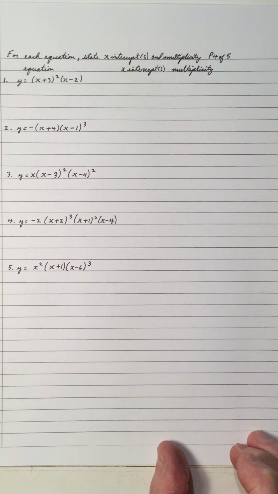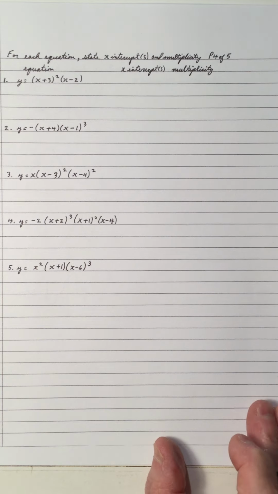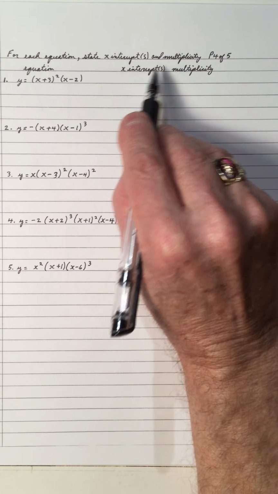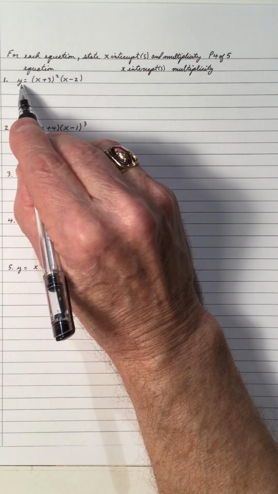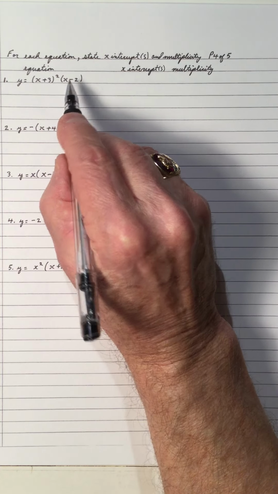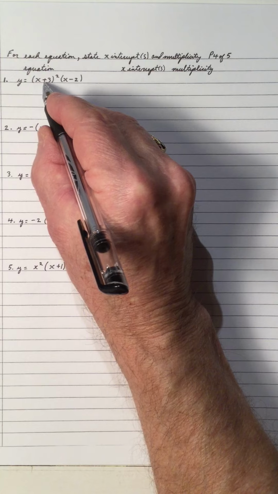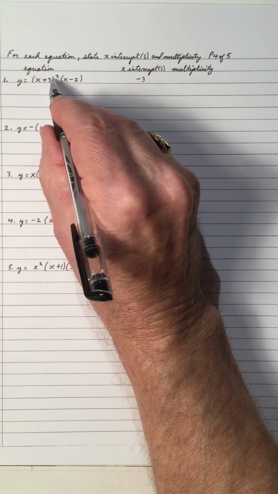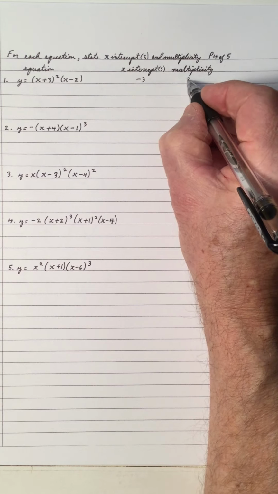Now we have some more to look at, just a little bit different. For each equation, state the x-intercept and the multiplicity. So here's the equation, y equals x minus 3 all squared times x minus 2. So the x-intercept here is negative 3, and the multiplicity is the power of 2.